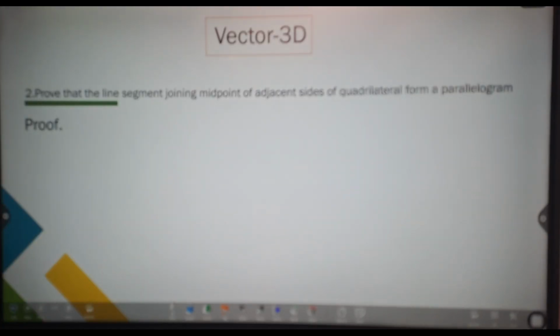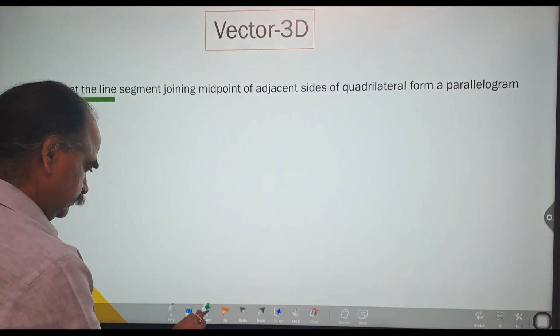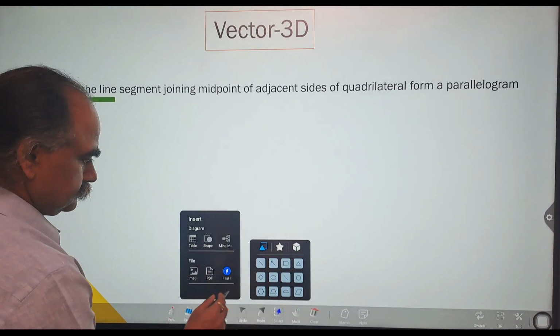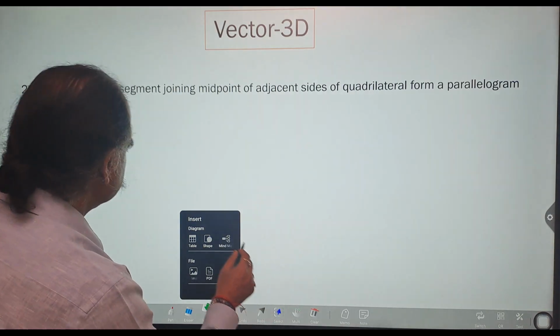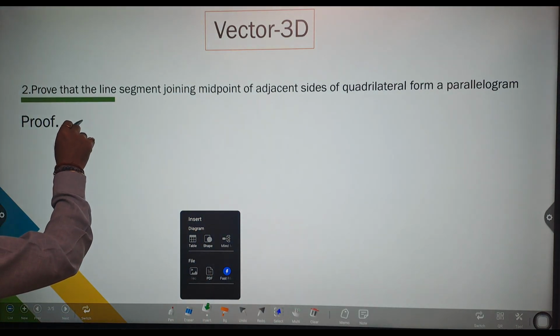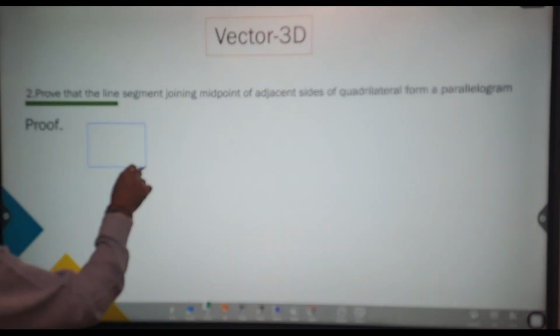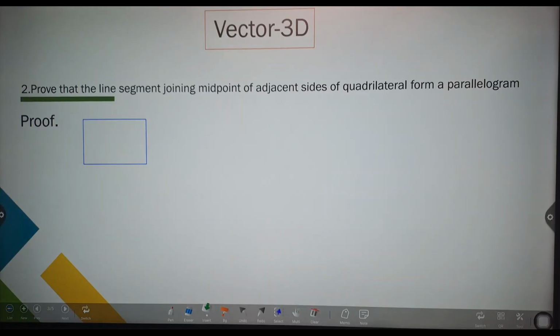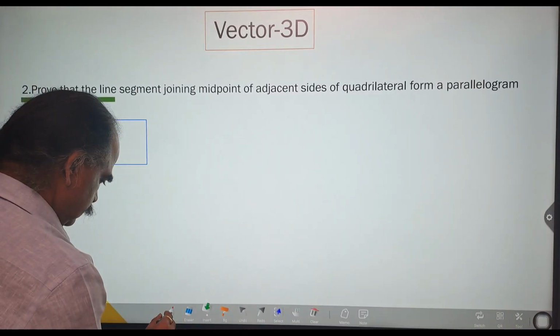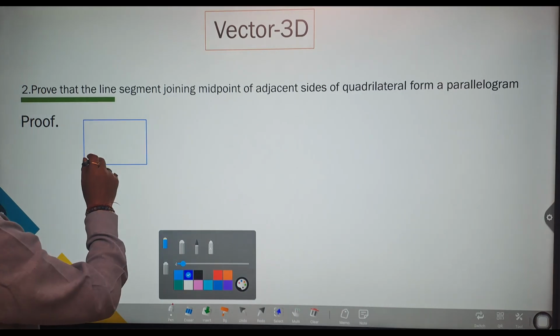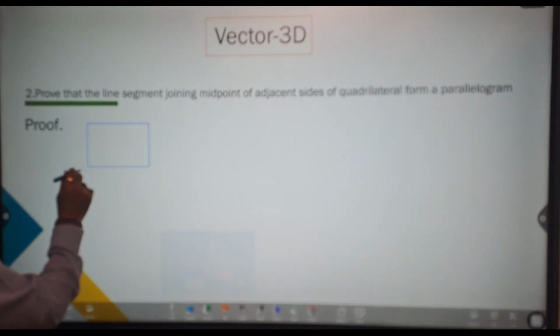See the next problem. Prove that the line segments joining midpoints of adjacent sides of a quadrilateral form a parallelogram. This is any quadrilateral ABCD.